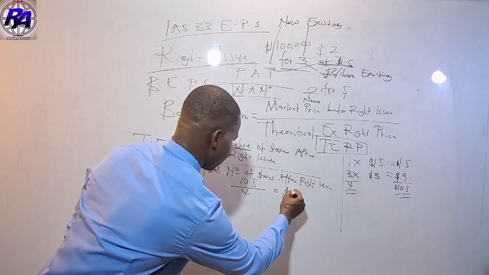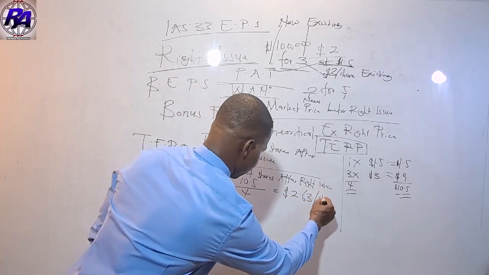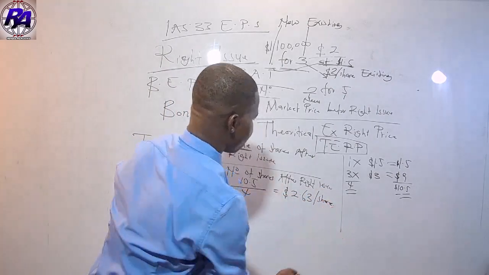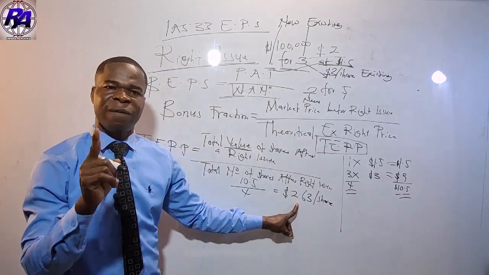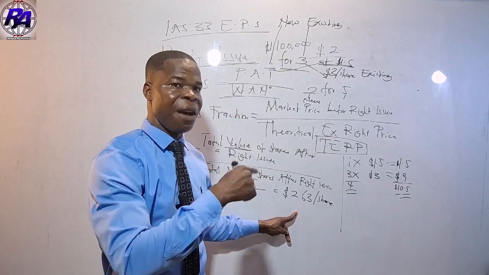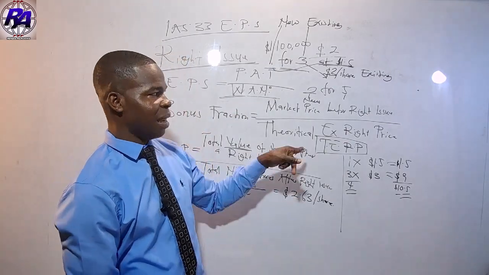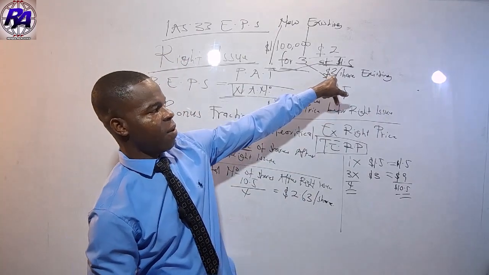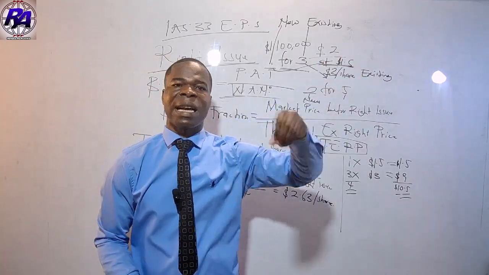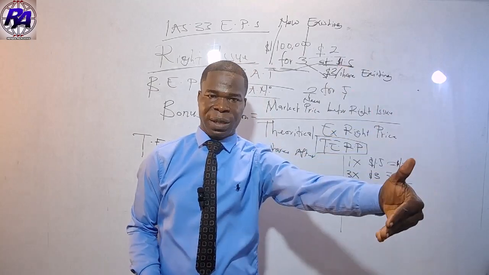Our theoretical ex-rights price is $2.63 per share. So in theory, this is the value of a share after a rights issue. You can see that this value is lower than the existing share value of 3. The difference accounts for the bonus issue, or bonus shares.